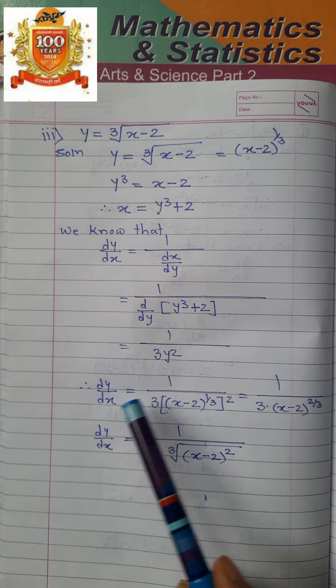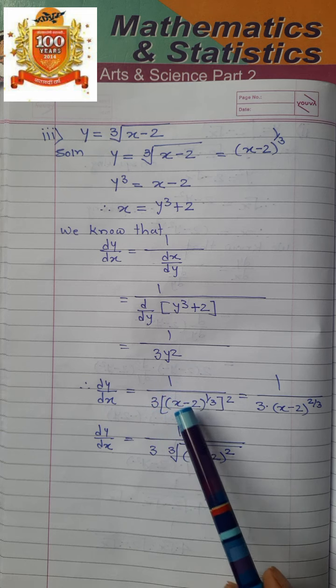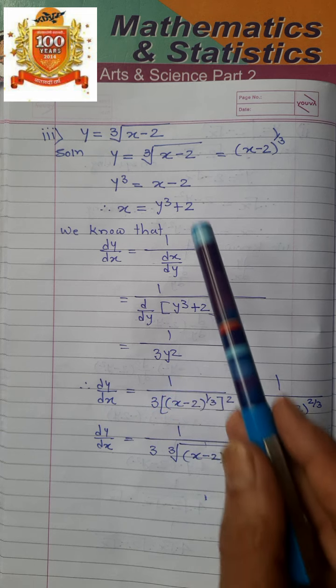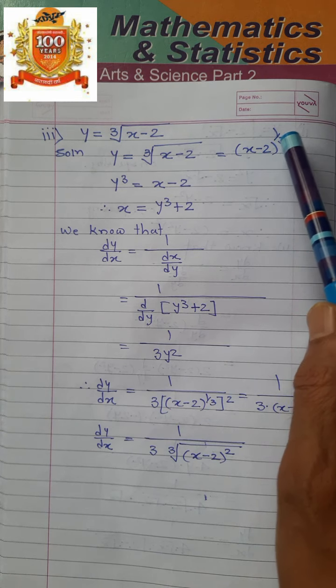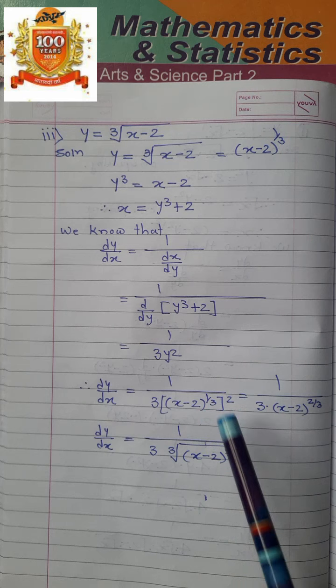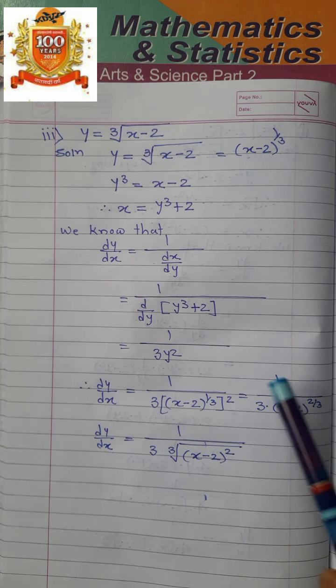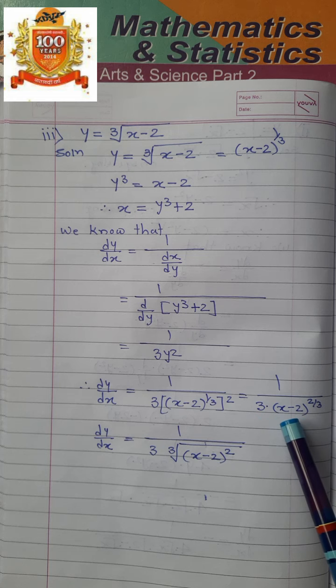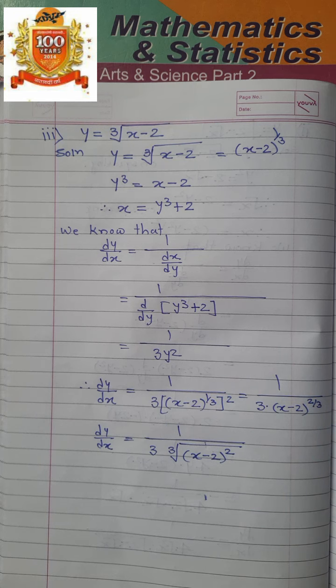That is dy by dx is equal to 1 upon 3 into bracket y, what is the value of y? x minus 2 raised to power 1 by 3, whole raised to power 2. That is 1 upon 3 into x minus 2 raised to power 2 by 3. 1 by 3 into 2 means 2 by 3.